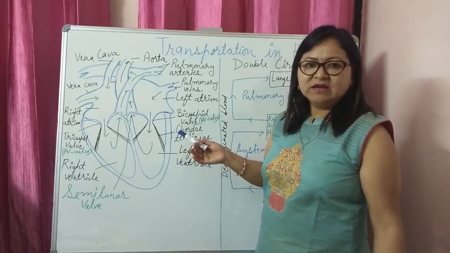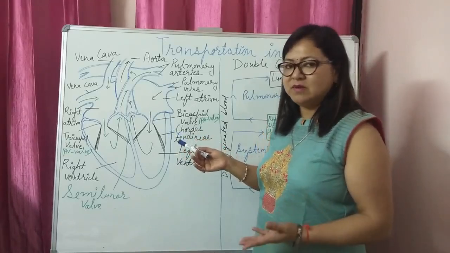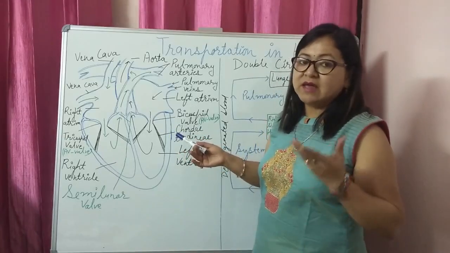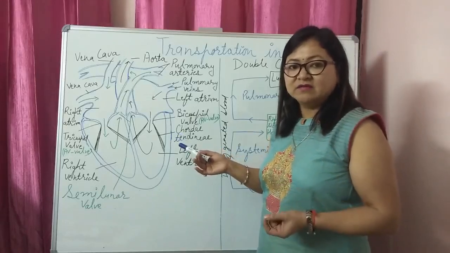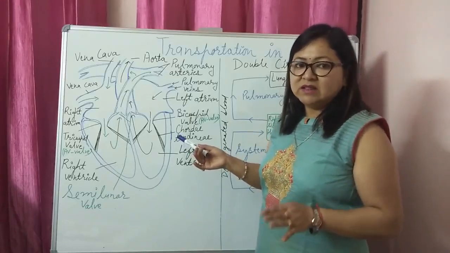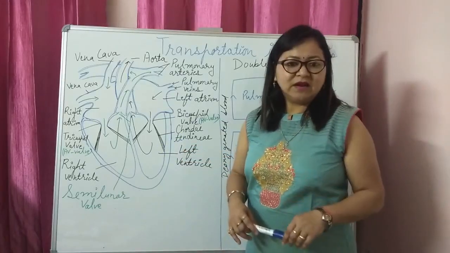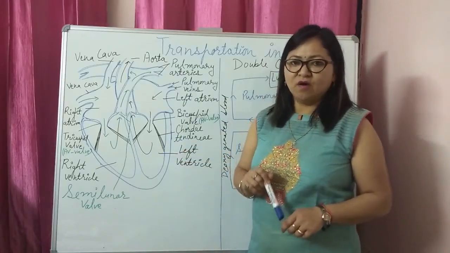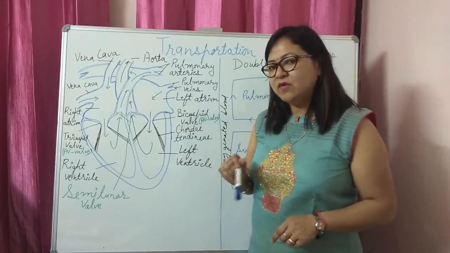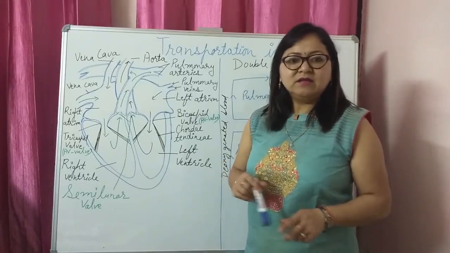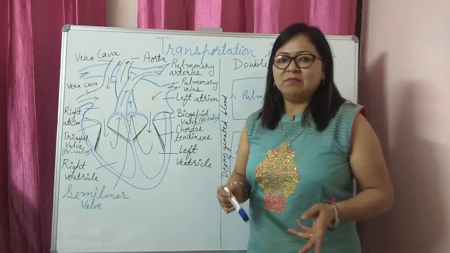Definitely for activity, but in the case of human beings or mammals, a high amount of energy is required to maintain the body temperature. We have a constant body temperature, that is 37 degrees Celsius or 98.4 degrees Fahrenheit. It doesn't depend on the surrounding temperature.